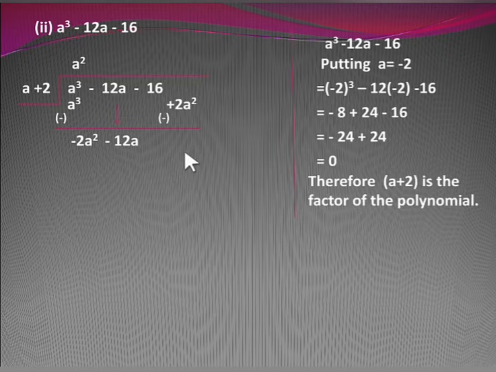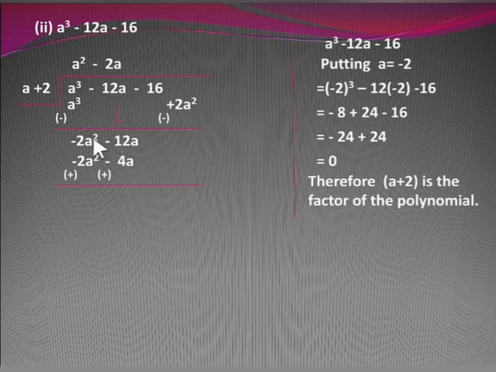Minus 12a. So when we multiply a with 2a, we get 2a square. We have to multiply this 2 with 2a, we get 4a. Subtraction, change the sign.